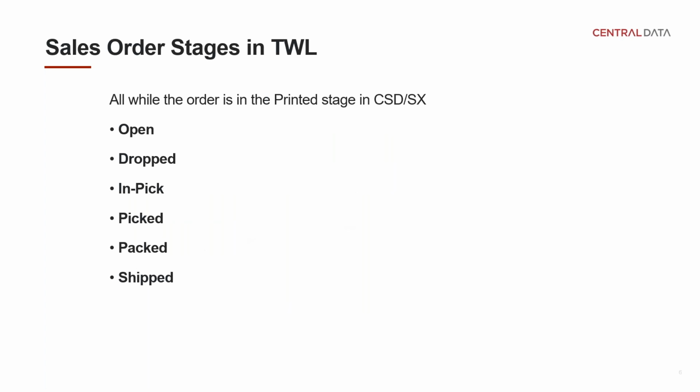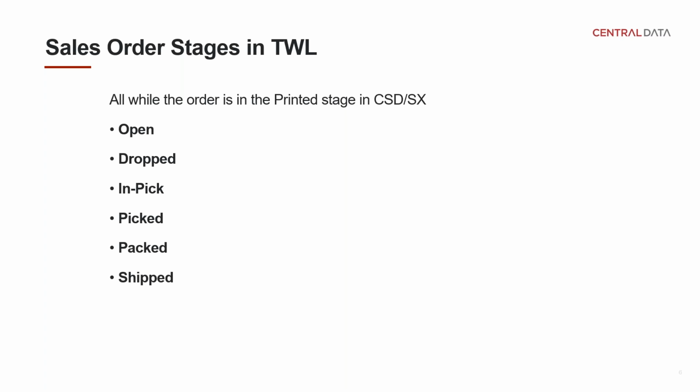All right, so shifting gears here a little bit, getting into a little more depth, because this is, to me, interesting, because once you send the order to TWL, that order will be in a printed stage in SX and CSD.